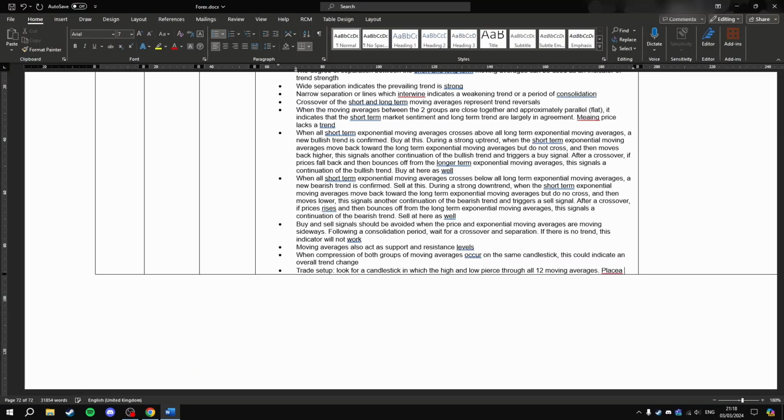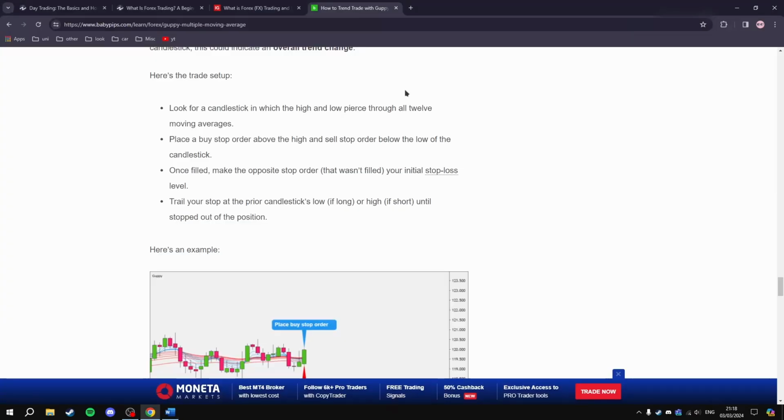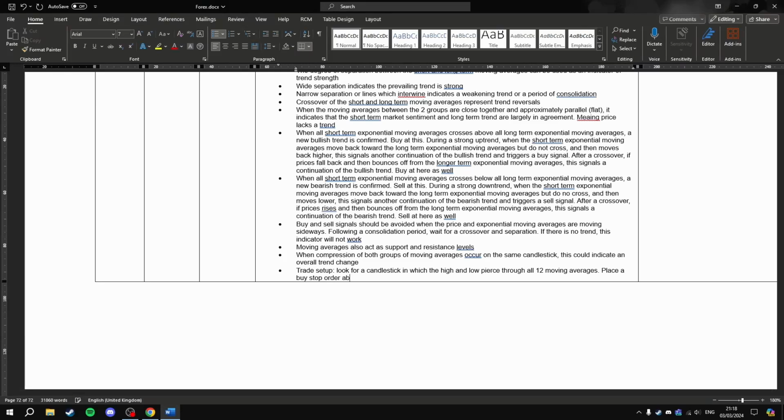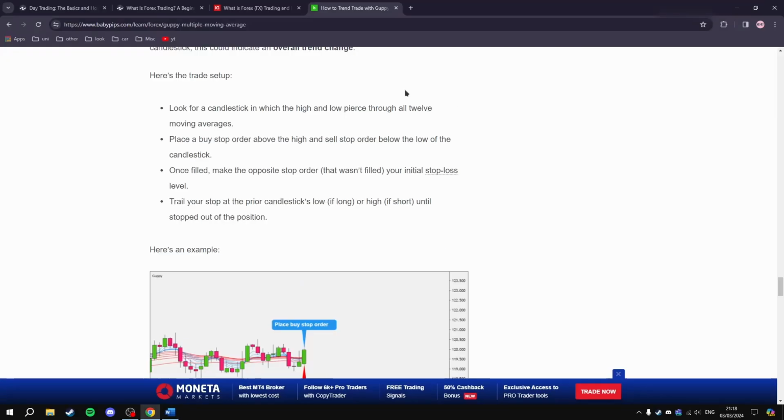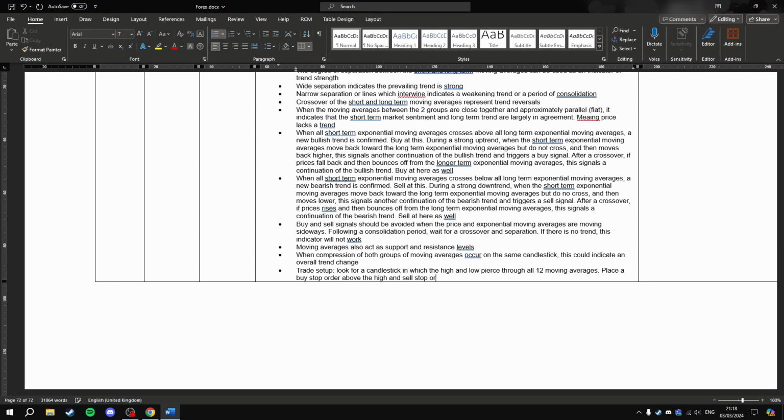Then place a buy stop order above the high and a sell stop order below the low of the candlestick.